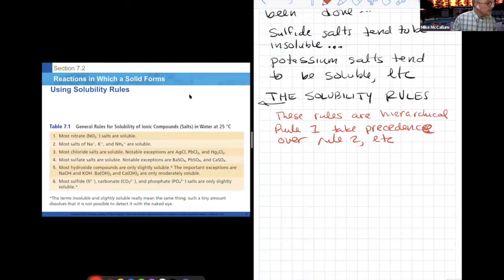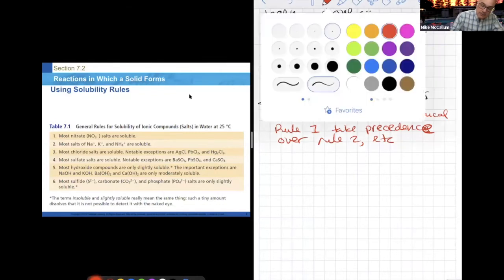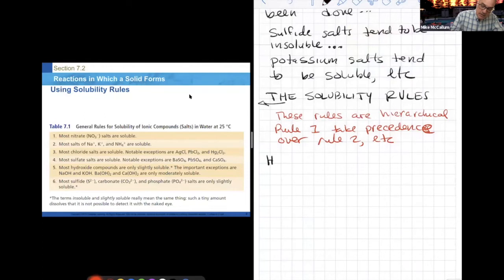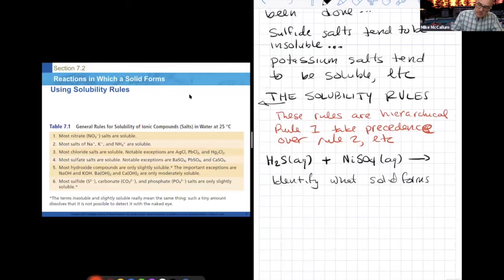Typically you have a problem that will say you mix hydrosulfuric acid plus nickel 2 sulfate, and identify what solid forms, if no solid is expected to form.